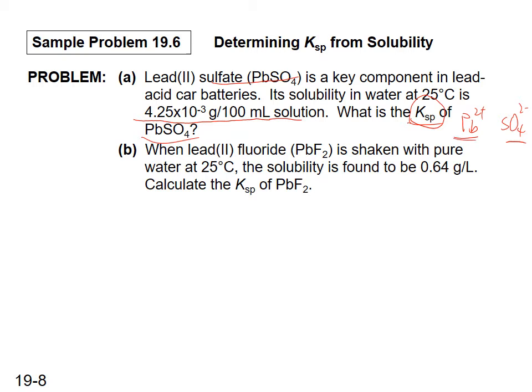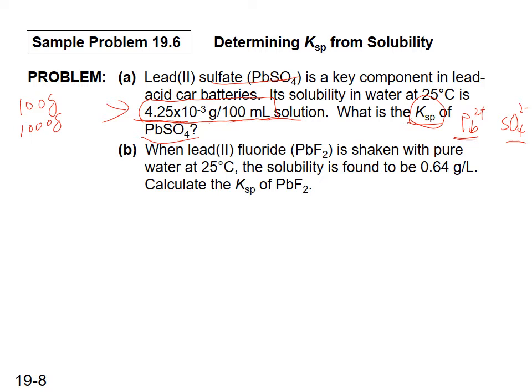Okay, here they give us the solubility. No matter how many grams we add into water, this is the only amount that can dissolve. So for example, you may add 100 gram or even 1000 gram of lead sulfate, but only 4.25 times 10 to the minus 3 gram will dissolve in 100 milliliter.